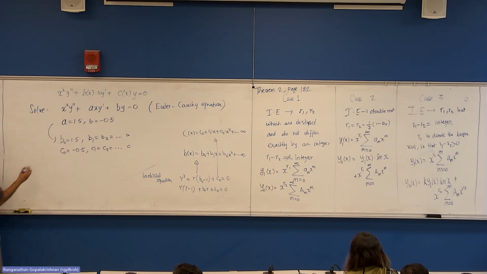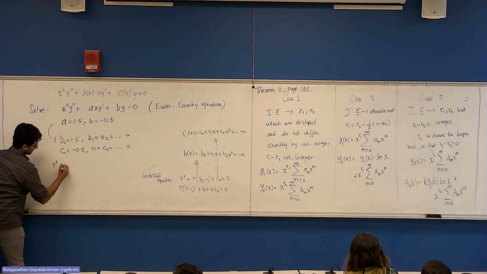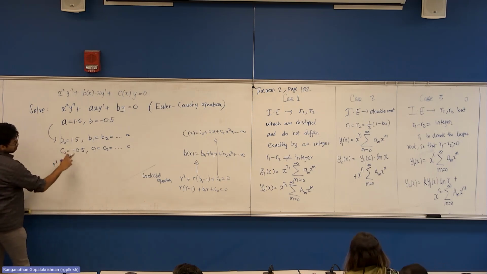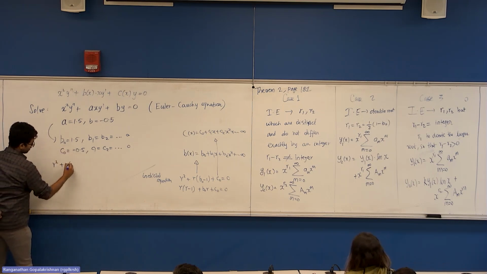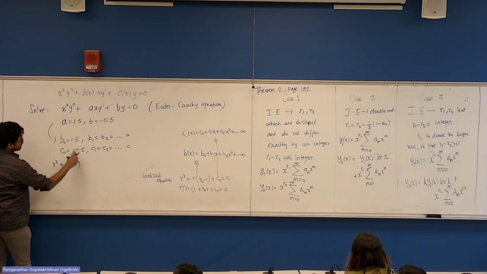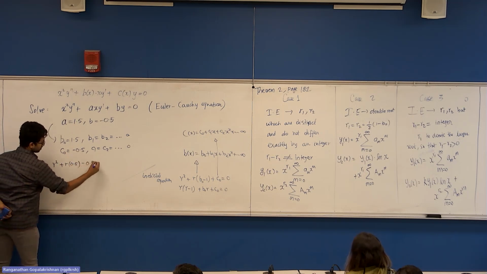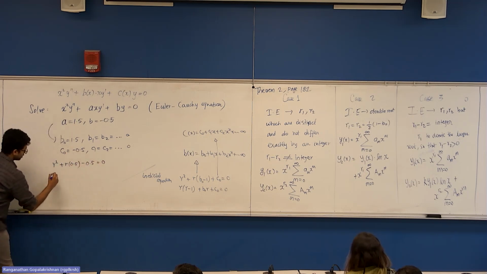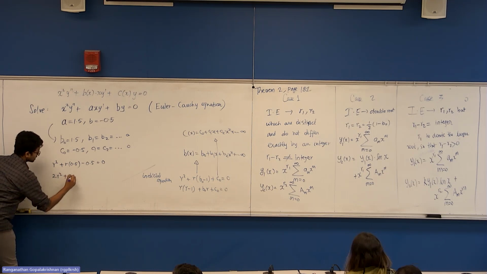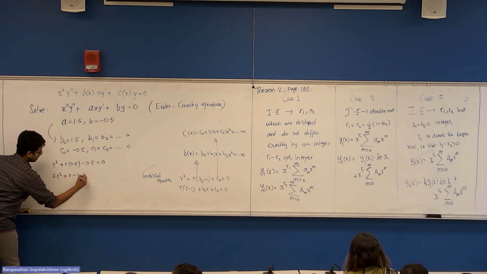So my r squared plus r times (B naught minus 1, which is 0.5) plus C naught, which is minus 0.5, equal to 0, or this is 2r squared plus r minus 1 equal to 0.